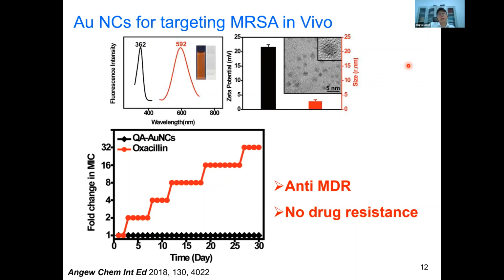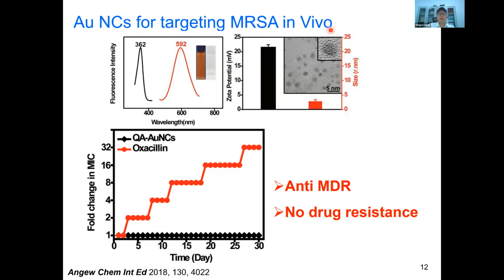So this is for particularly treating methicillin-resistant Staph aureus. So this is a hard to treat problem for many surgical procedures. Orthopedic implants tend to have a high occurrence of MRSA.